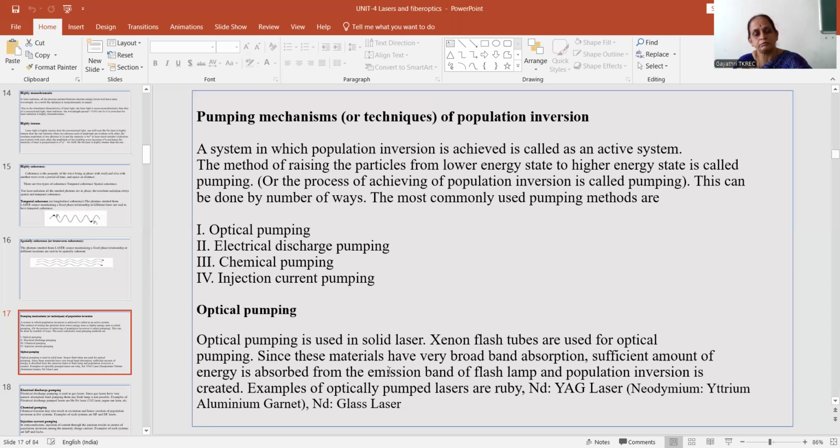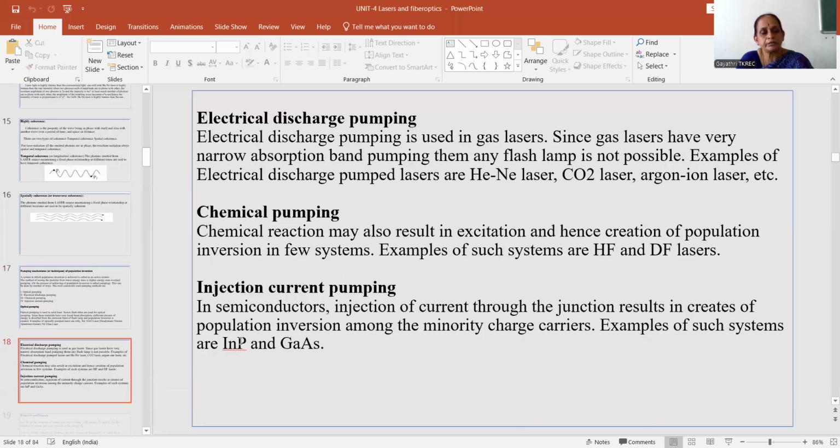On the ruby rod, xenon flash tubes are used for optical pumping. These materials have very broad band absorption, so a sufficient amount of energy is absorbed from the emission band of the flash lamp. Examples are the ruby laser, Nd:YAG laser, and Nd glass laser. It is mainly used in solid state lasers.